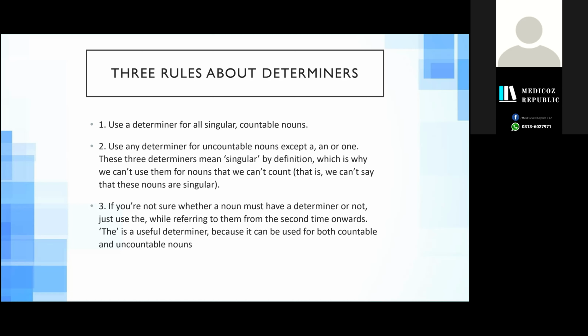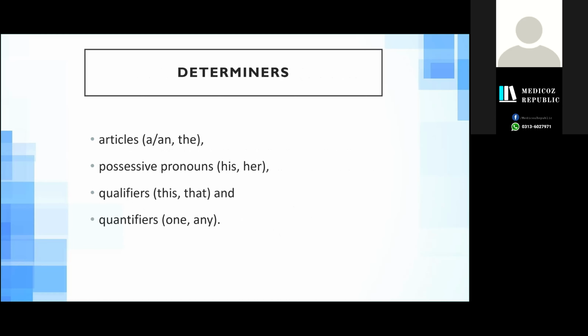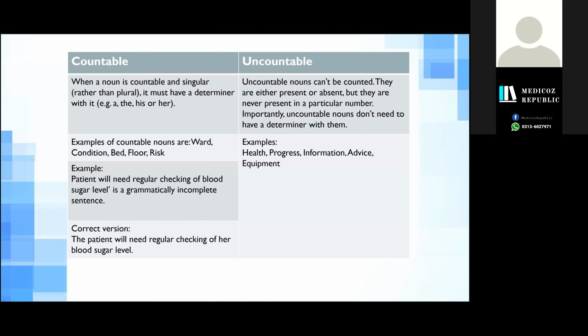For example, when you are using the, take a word here. We are talking about a ward. We have talked about a psychiatry ward in the first sentence. Then when we are talking about the same ward, the patient was admitted in a psychiatry ward. The ward was very unhygienic.